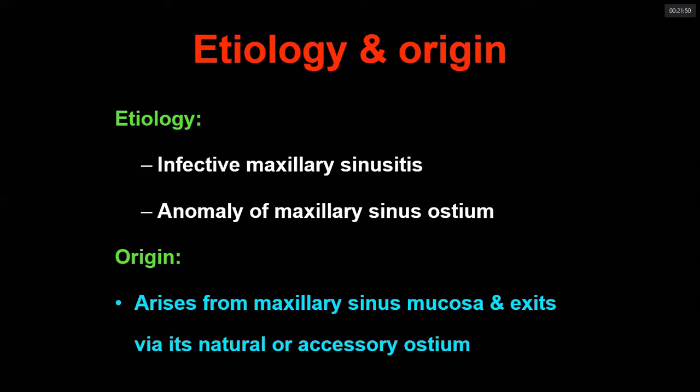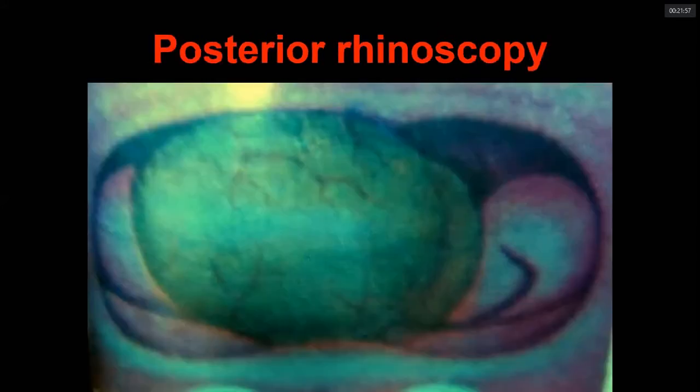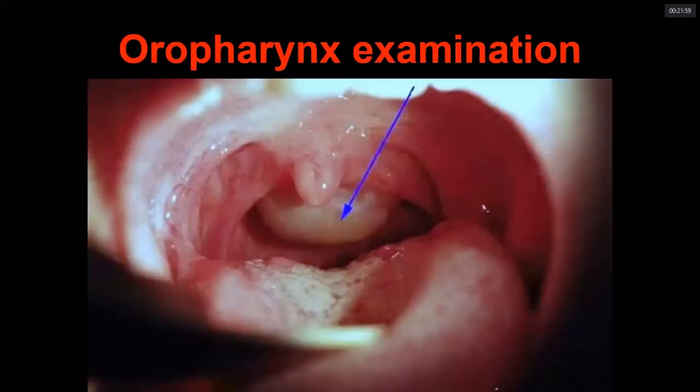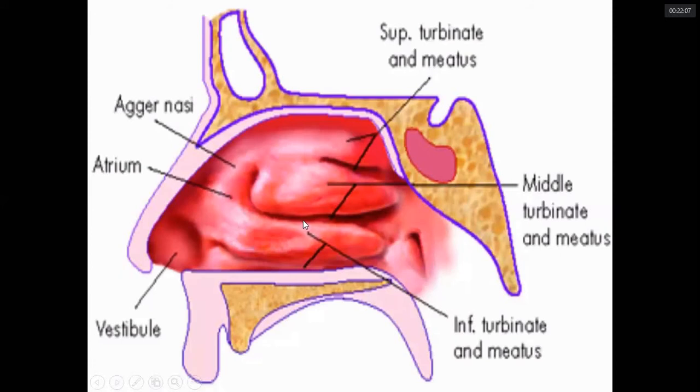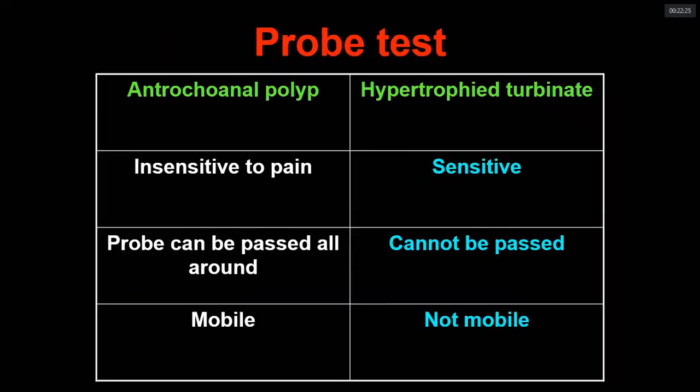By now you know that on the lateral wall of the nasal cavity, this is where you get the opening of the maxillary sinus. The maxillary sinus ostium is here, and lateral to this is the maxillary sinus. Along with the natural ostium, there are some accessory ostia around here, just behind that. So the polyp will grow out from there.